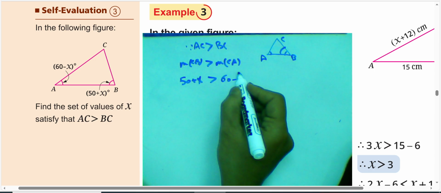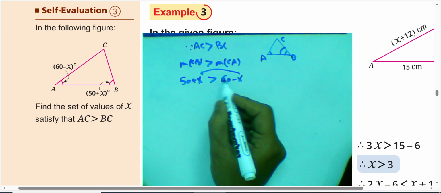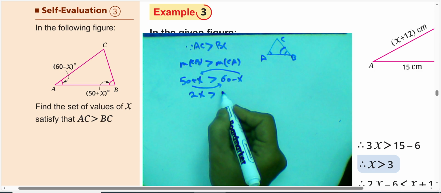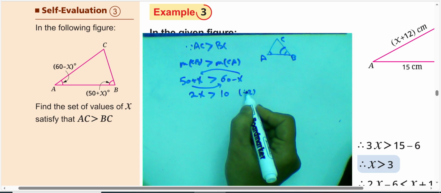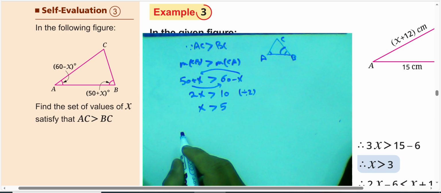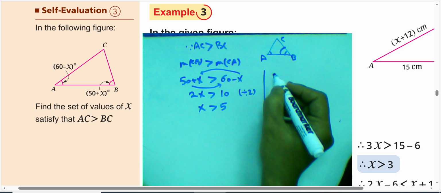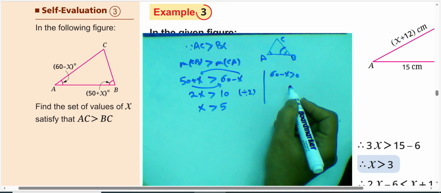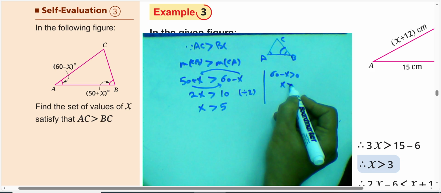We can solve this inequality. Move negative x here. x plus x equals 2x, and 60 minus 50 equals 10. Divided by 2, then x will be greater than 5. x greater than 5. And also we have 60 minus x greater than 0, then x less than 60.